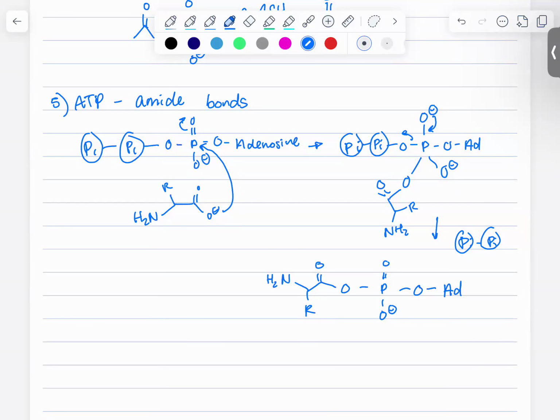What we can do now is attach our amino acid to the tRNA that helps us in the actual formation of our proteins.